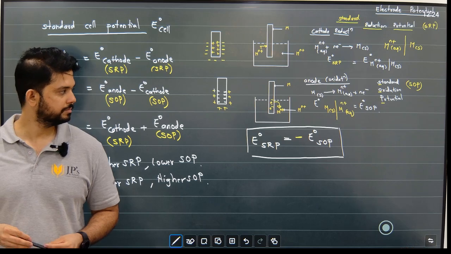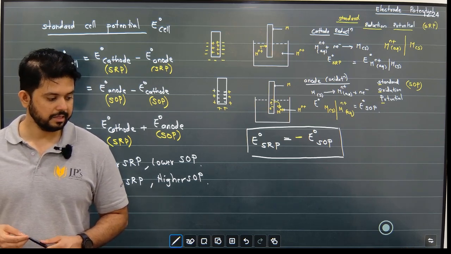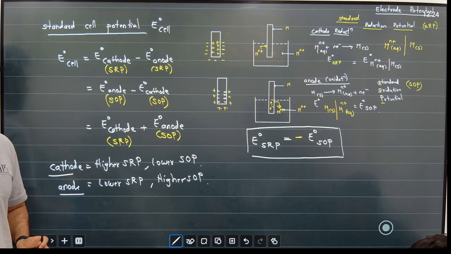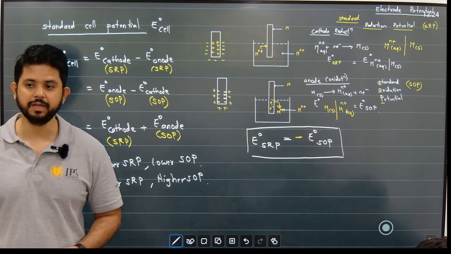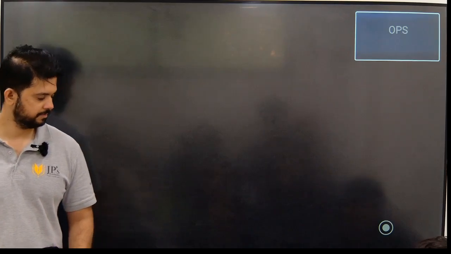The formula is on the board, people, और ये भी copy कर लो. ठीक है, what exactly is SOP, SRP, and what's the relation between SRP and SOP, and then we continue with numericals.